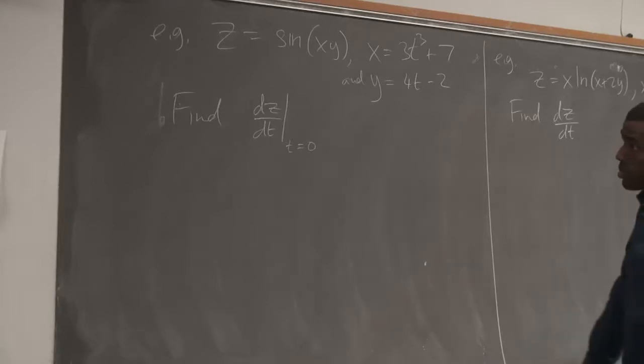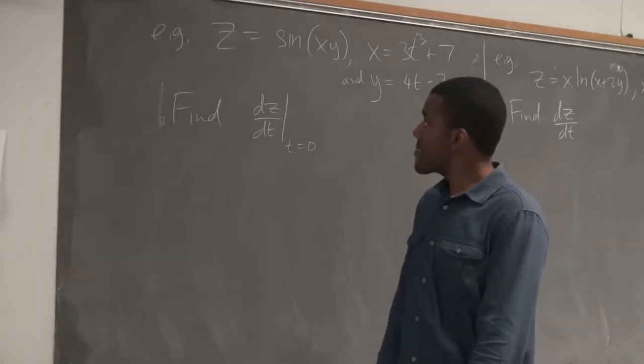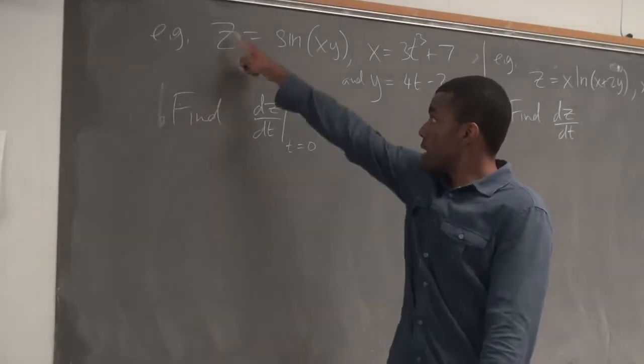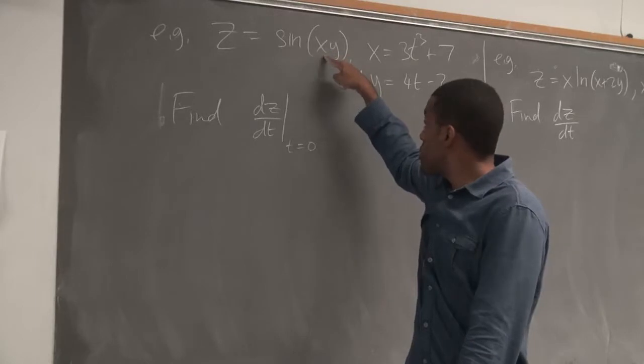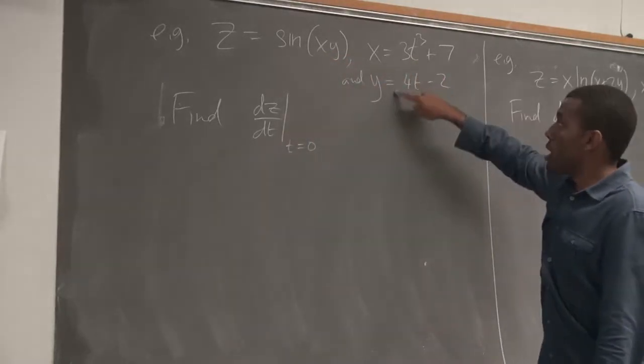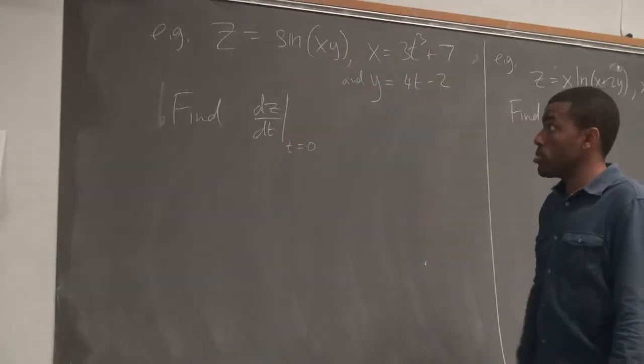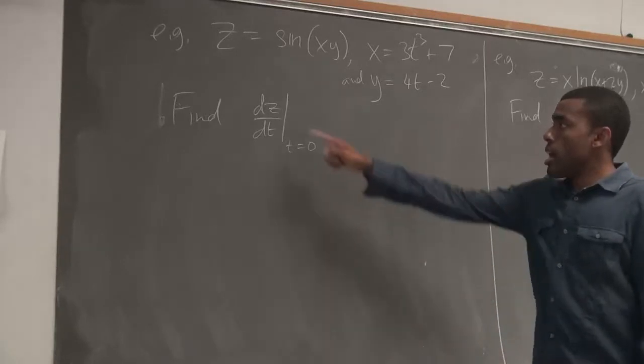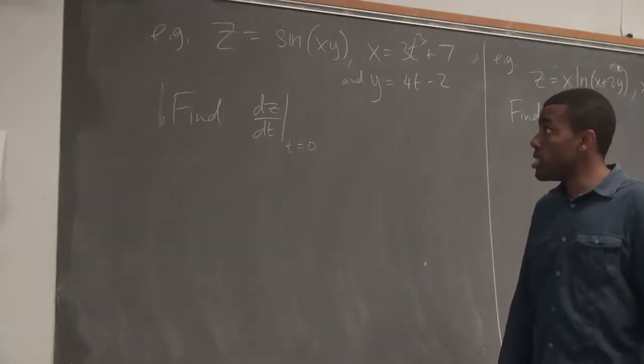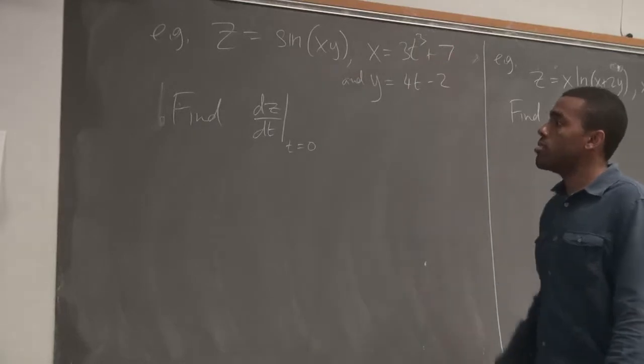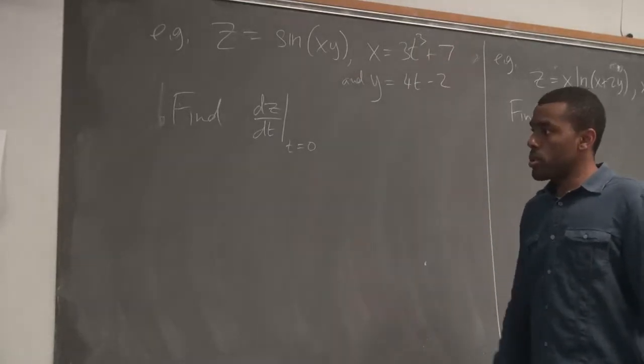Okay, so let's work through this one. z is a function of x and y, sine of x times y. But your x and y themselves are defined in terms of another variable. I want to find the derivative with respect to t, the inner variable, at the point where t equals 0.